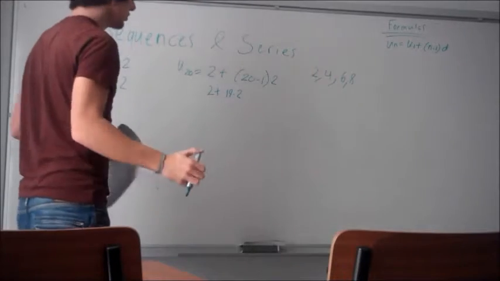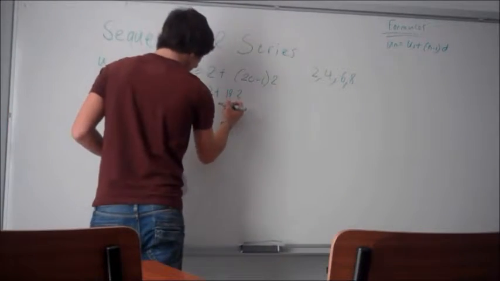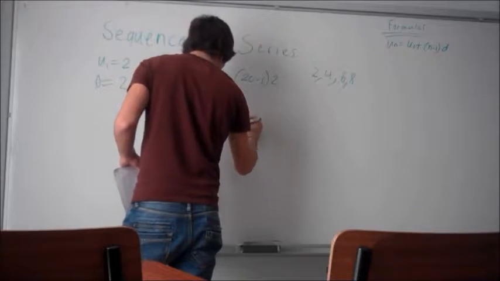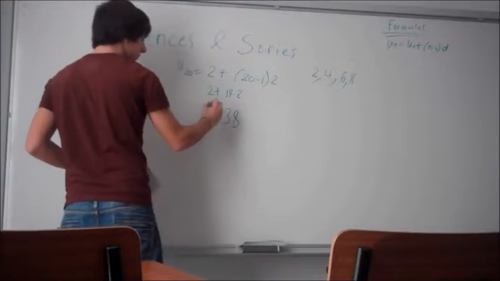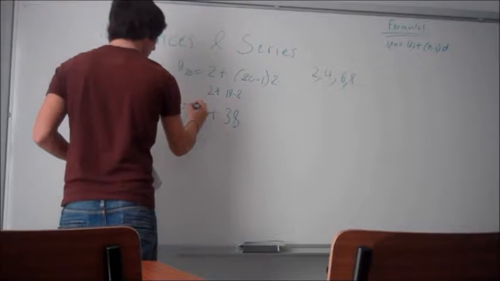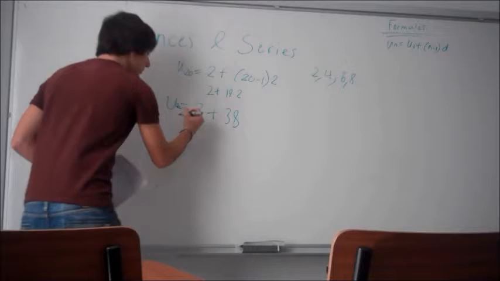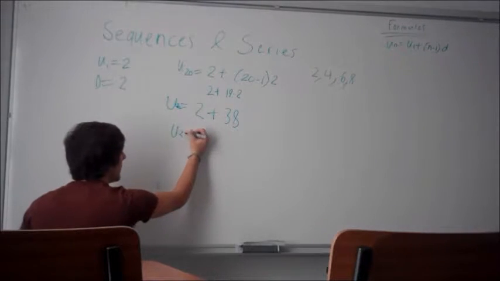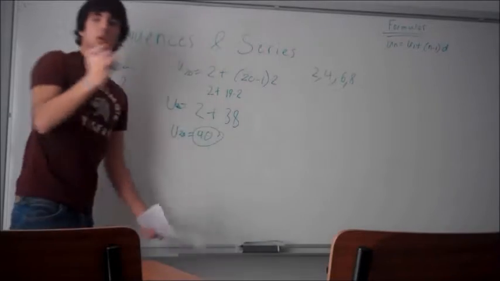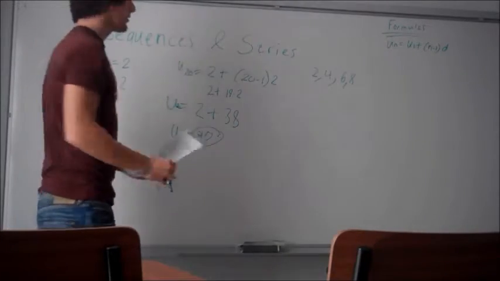Then you just do 19 times 2, which would be 38, plus 2, and you get your answer. U sub 20 equals 40.